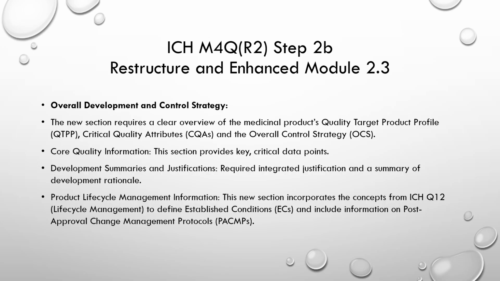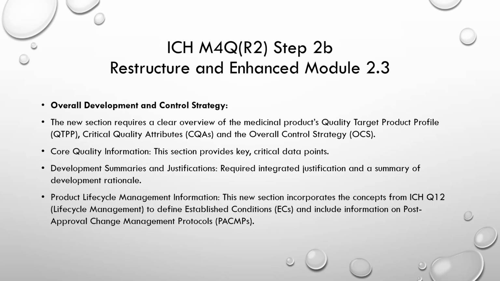What I think is really exciting is the integration of the ICH Q guidelines, particularly on development strategy and control strategy. I was going to do a life cycle management manual, but I think that this has kind of covered it, in my opinion.